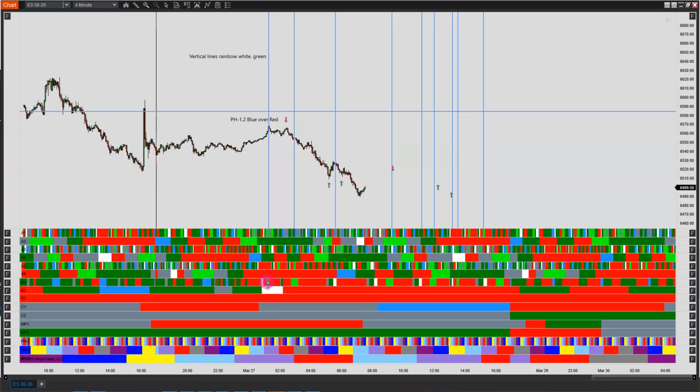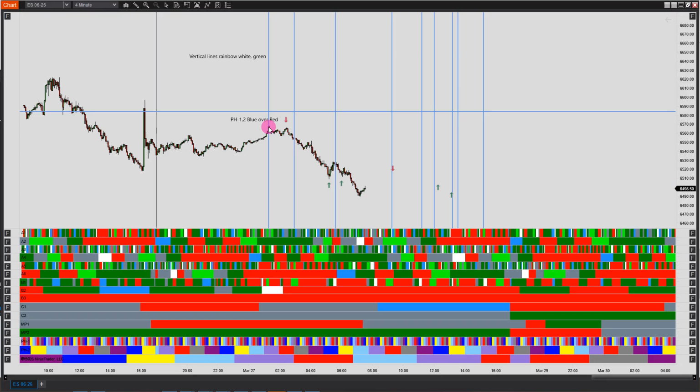Notice that we had green over white here, and we had a little bit of support up on the A1, A3 at that same point in time, and that's where the overnight high came in.